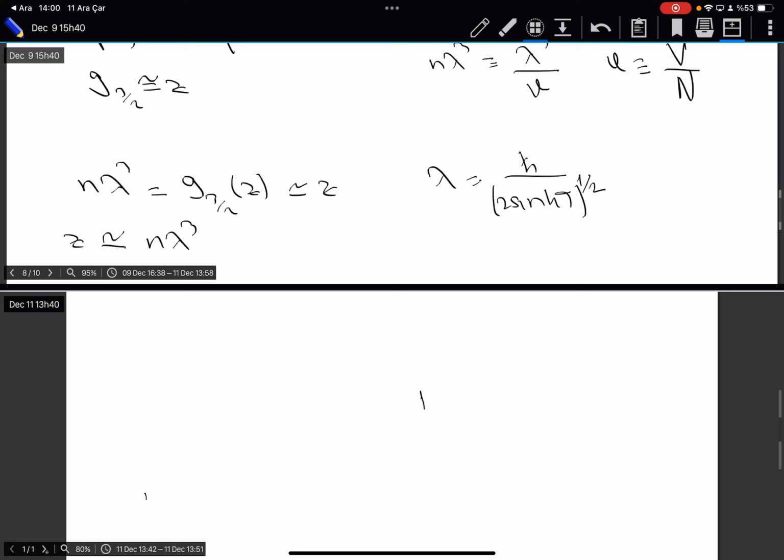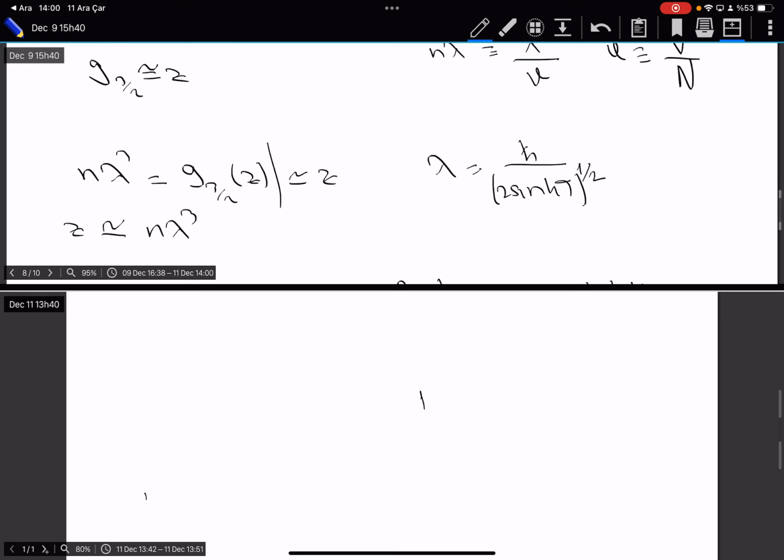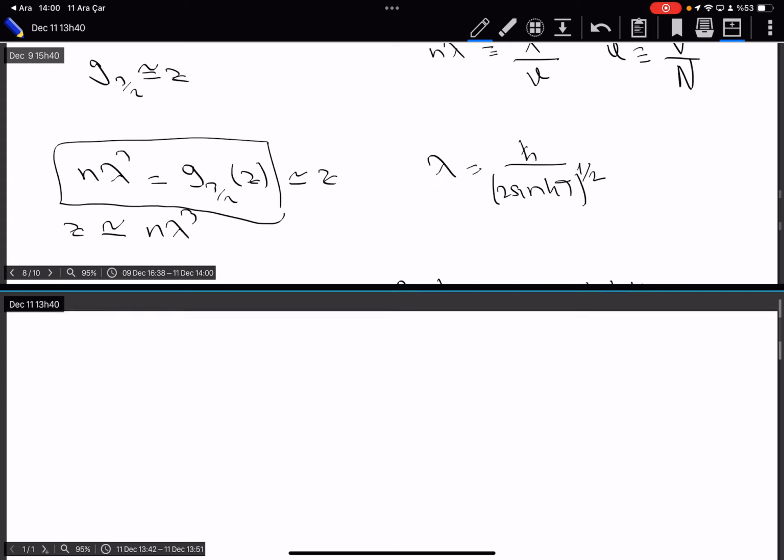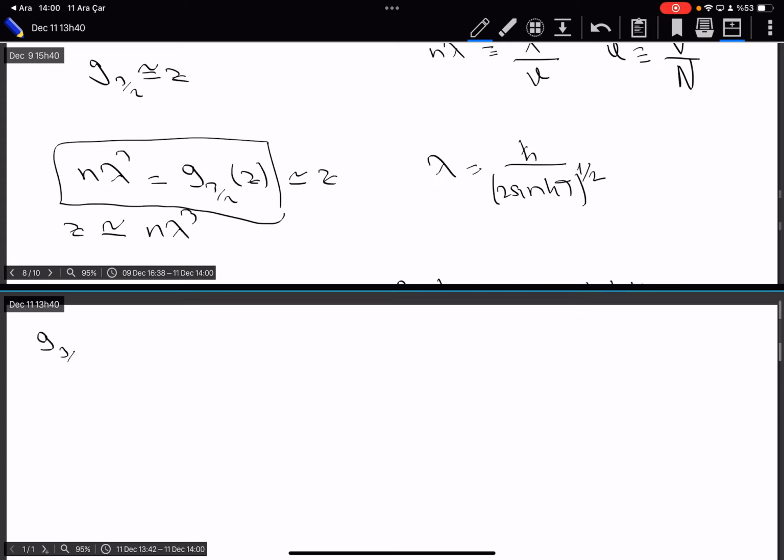You see, the first thing I need to solve is this equation, but now keeping the corrections. So g_{3/2}(z) is just z plus z squared divided by 2 to the power 3 halves. This is what we had derived. Plus terms of the order of z cubed.